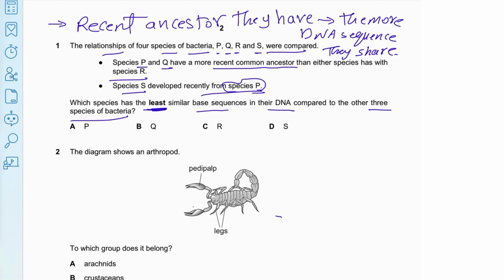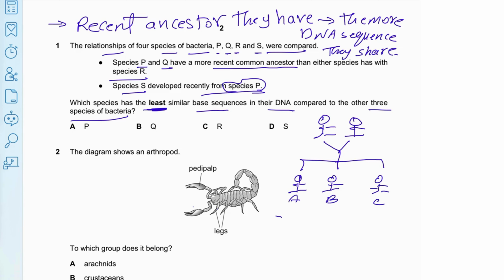Let me give you an example. For example, we have someone whose name is Ahmad, who is married to a woman. Her name is May. They married together and they gave us three children: A, B, C. B is married to another woman and they also had three children, like this.